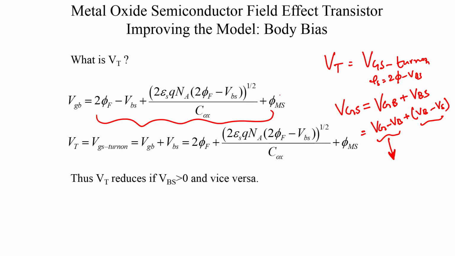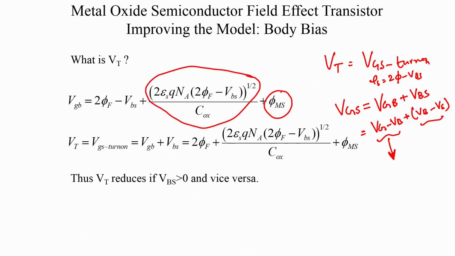And what does it have? It has your phi ms because of the metal semiconductor work function difference. It has your depletion charge by Cox, but the depletion charge has to now take into account this extra potential here. So, it is not only 2 phi f. So, this is VGB during turn on, okay. And why is it during turn on? Because we have said that the phi s is equal to 2 phi f.